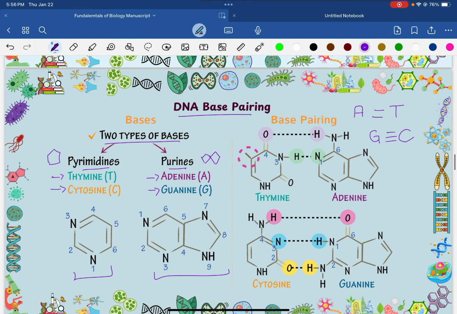Here you can see that this is thymine and this is adenine. Thymine and adenine make two hydrogen bonds. While this is cytosine and guanine, they make three hydrogen bonds with each other.